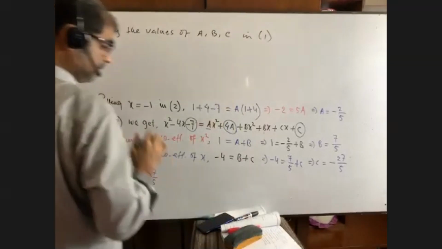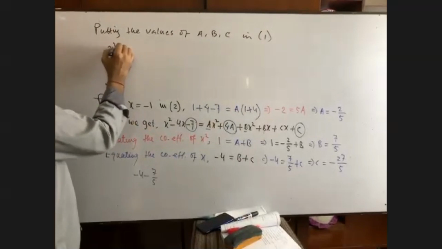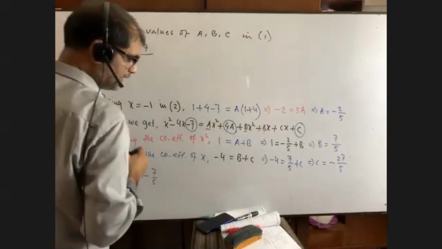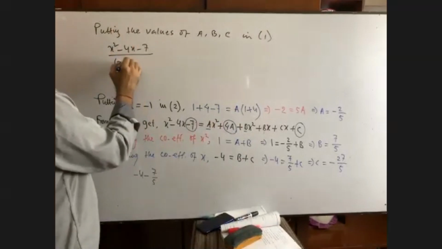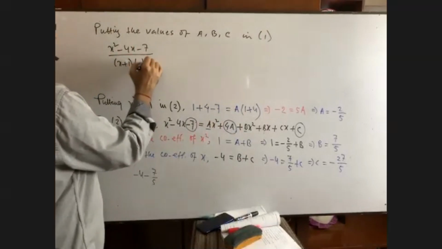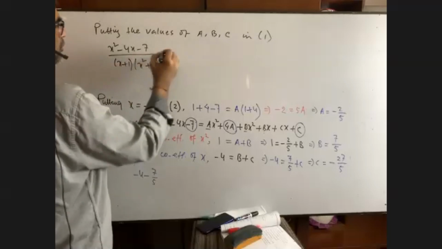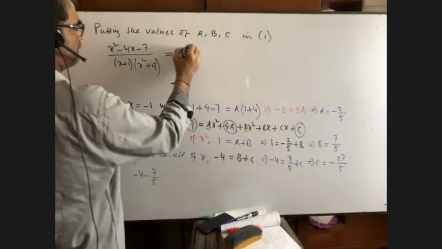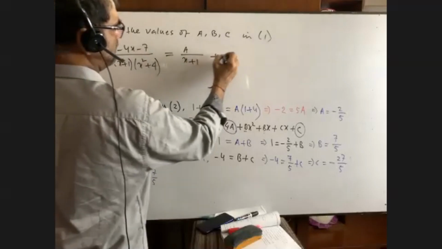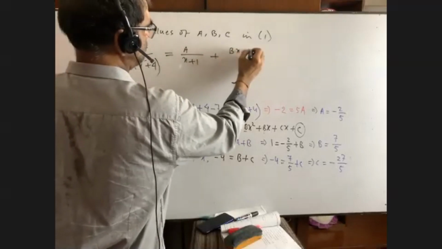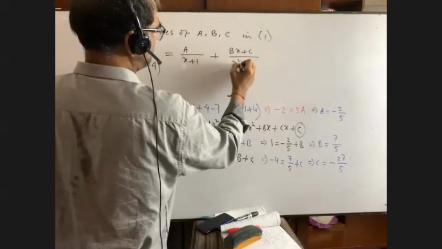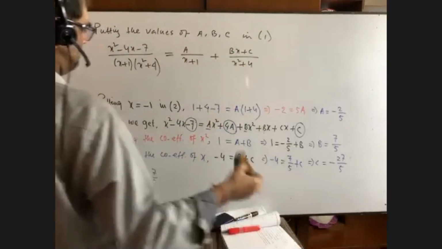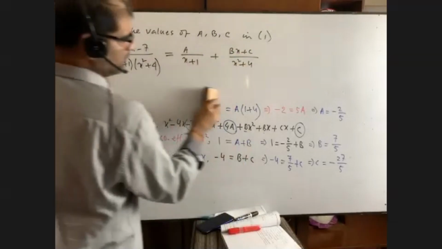What was 1? (x² - 4x - 7) by (x + 1)(x² + 4). It was our 1, right? What was written? A by (x + 1) plus (bx + c) by (x² + 4). It was the equation number 1.